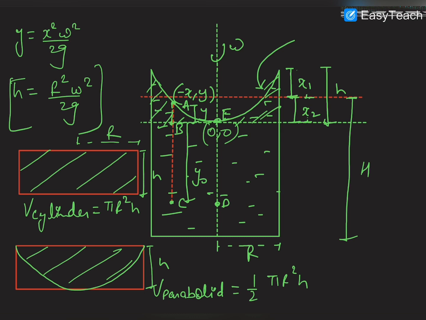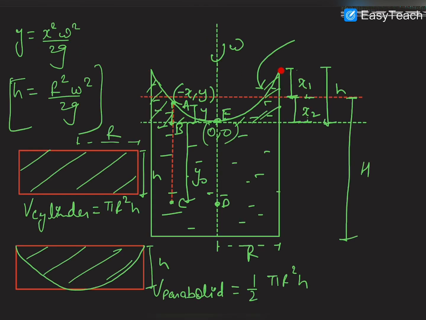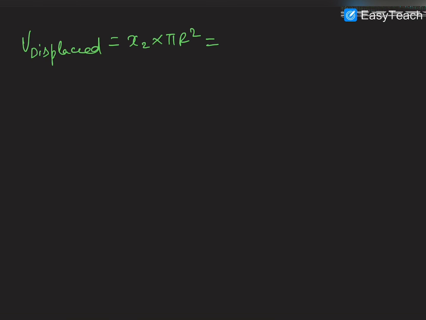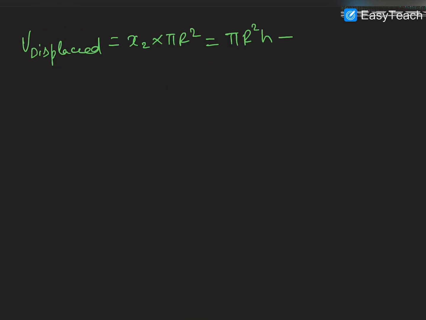And we can say that this volume is adjusted in this part. The volume of this part will be the volume of this cylinder minus the volume of the paraboloid. So this will be the volume of the bigger cylinder, which will be pi r square h, minus the volume of the paraboloid, which will be half, so it would be pi r square h by 2.